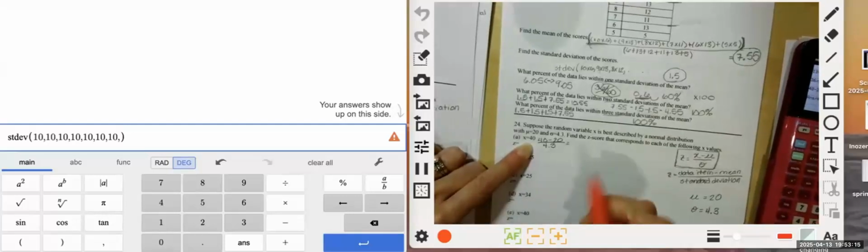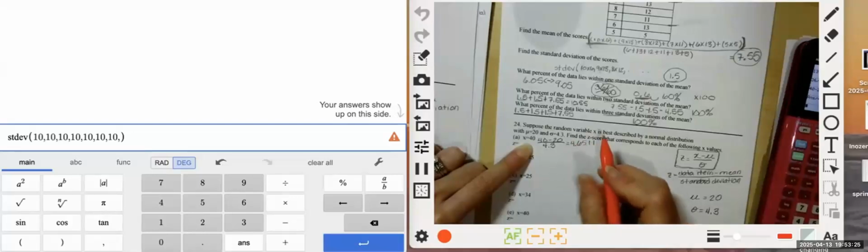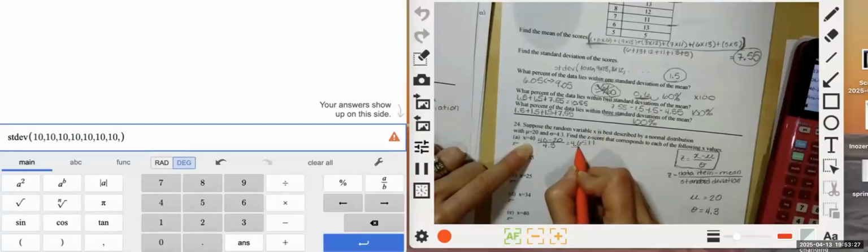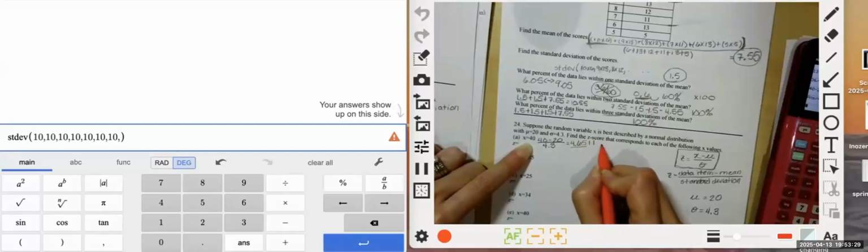I got 4.65. Yeah, it does not come out nice and neat. So I always go out at least 2 decimal places and round. So this would be 4.65.